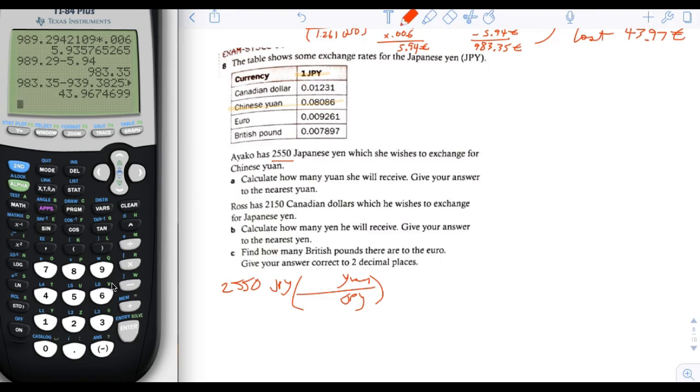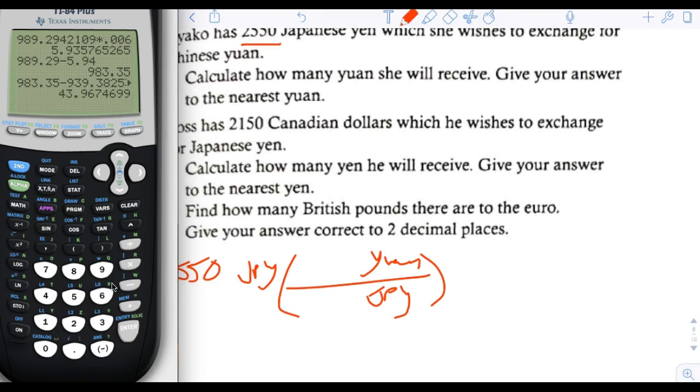So we want 0.08086. Okay, so we're going to put 0.08086 yuan on top, and we're going to put 1 Japanese yen on the bottom.